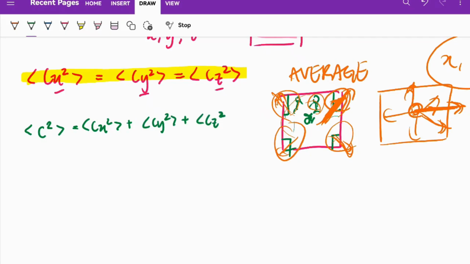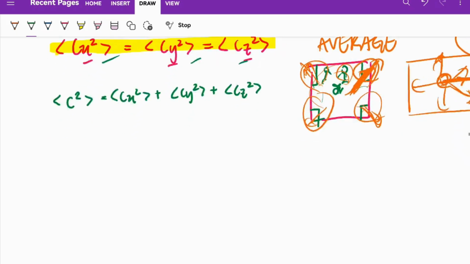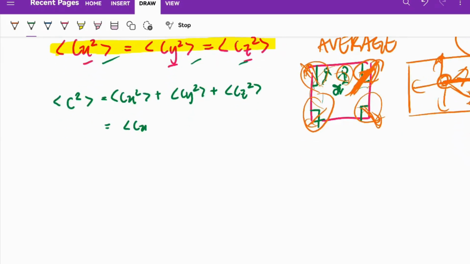This is the total mean square speed. Since we have already discussed that they are equal, we can write it as cx square plus cx square plus cx square.